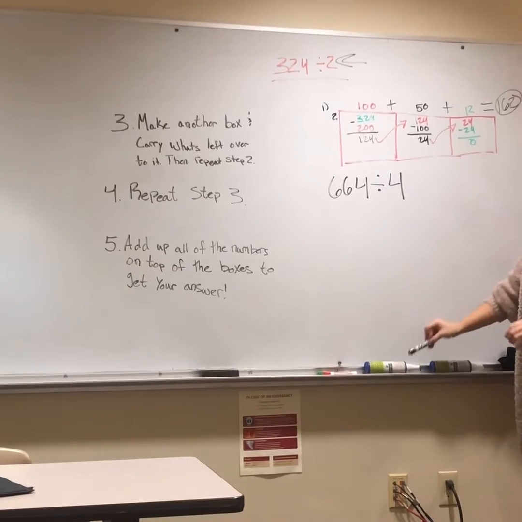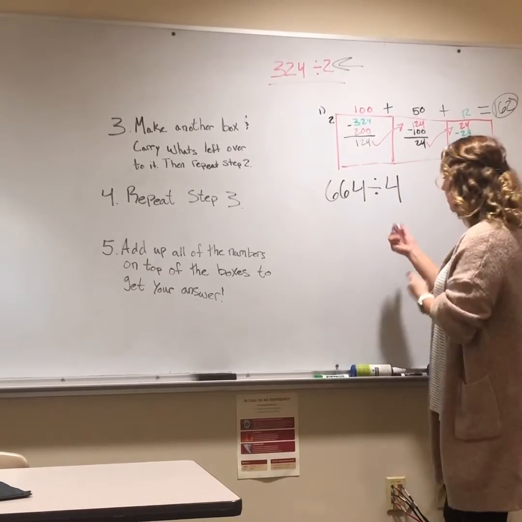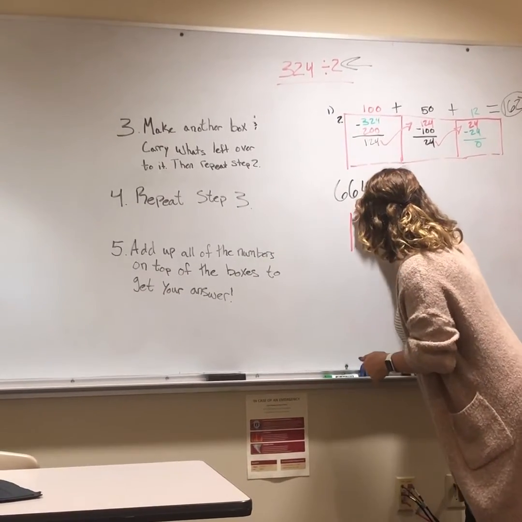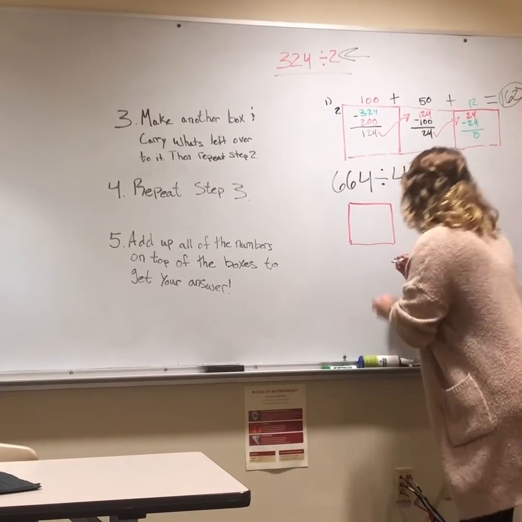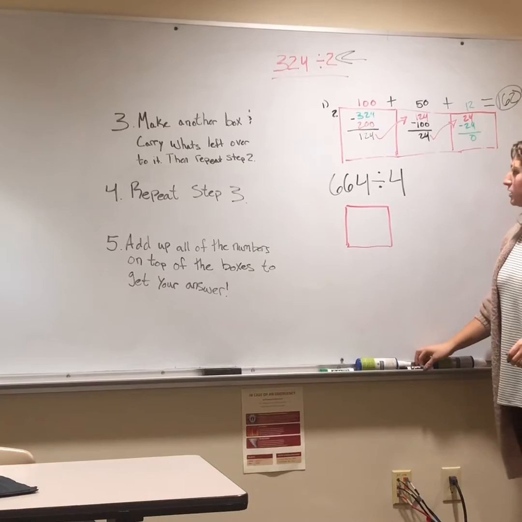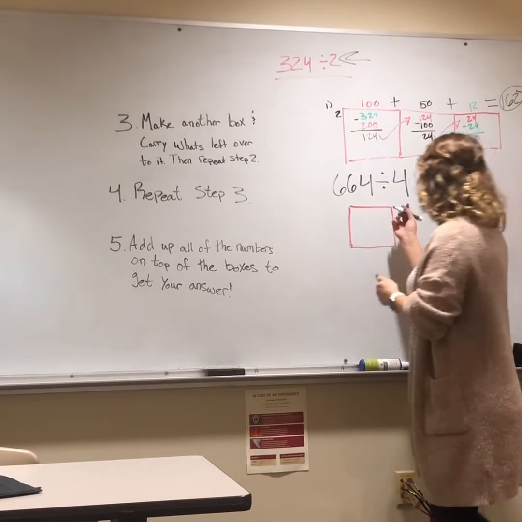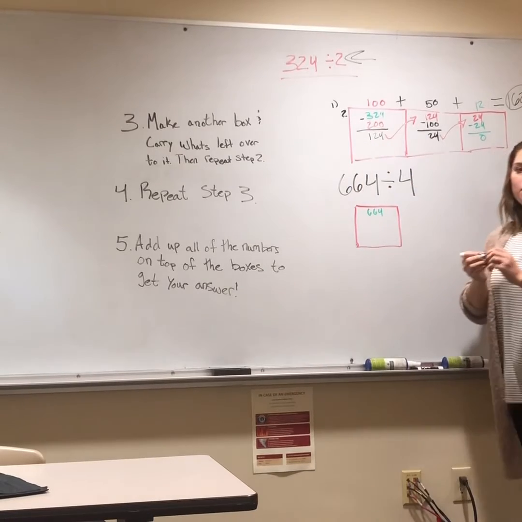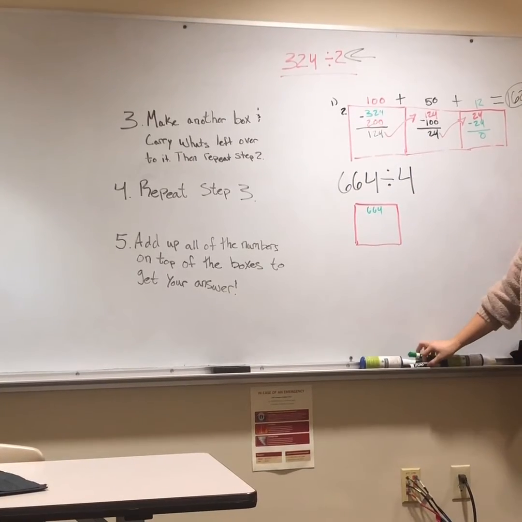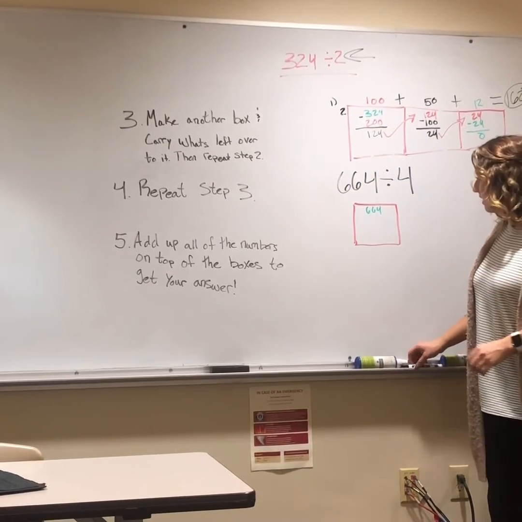So remember that first we're going to make the box. Put the dividend, which is 664, inside the box. And then put the divisor, which is 4, outside of the box.